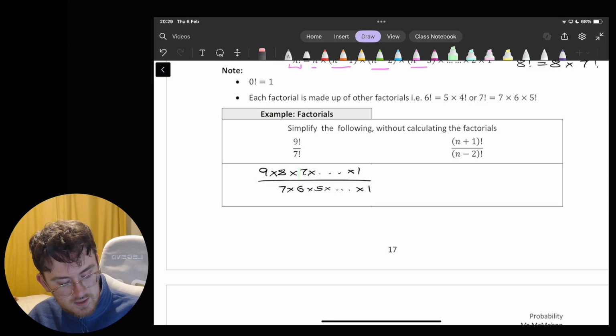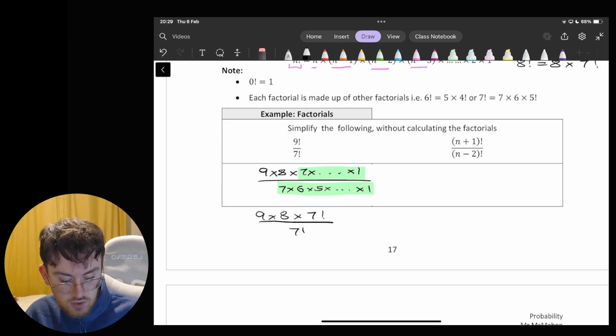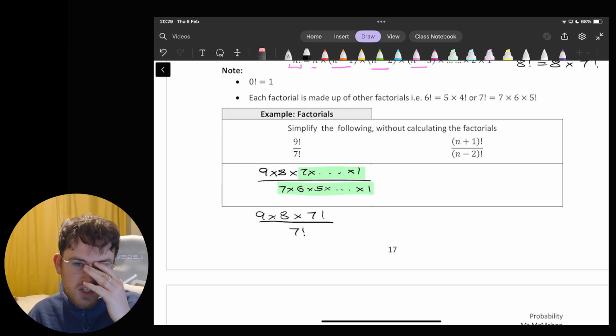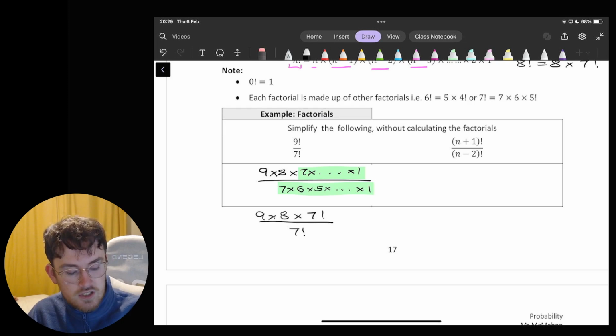I should recognize that I will have the same expressions on both of these parts. So what I mean by that is I could rewrite 9 factorial as 9 by 8 by 7 factorial, so stopping when I've reached a useful point to me. And I can see that I have 7 factorial on the top and the bottom. Because it's multiplication, that's a common factor that can divide in. And I get 9 by 8, which is 72.